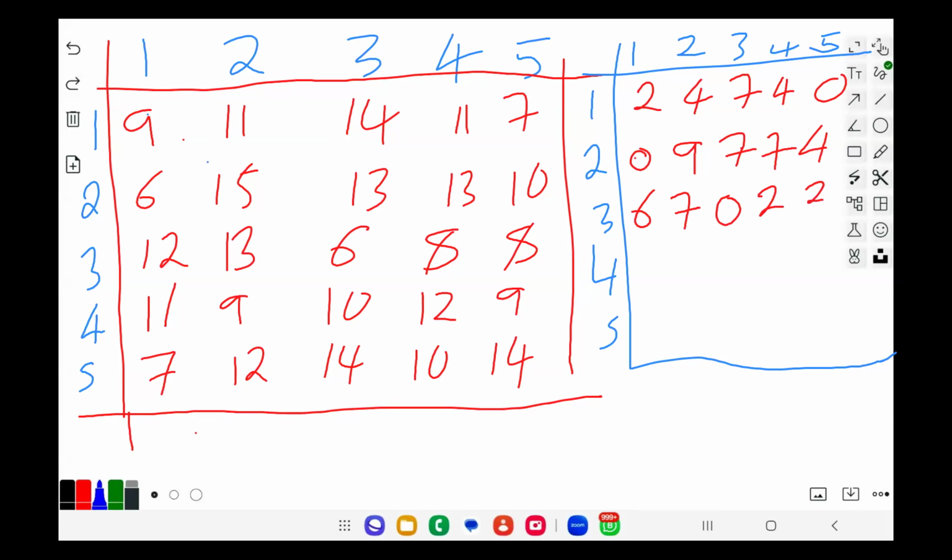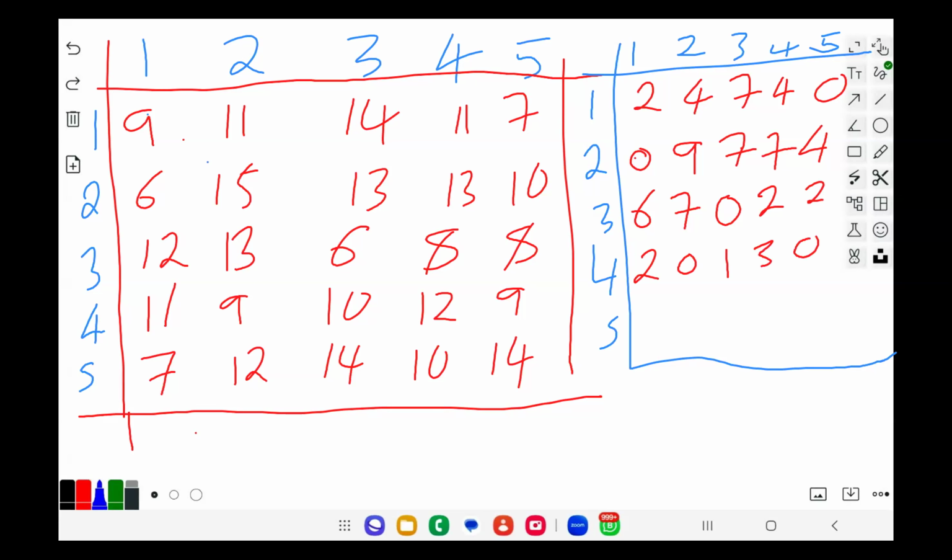Right? You are following the steps, you are not forgetting. Then 11 minus 9 is 2. And 9 minus 9 is 0. 10 minus 9 is 1. 12 minus 9 is 3.